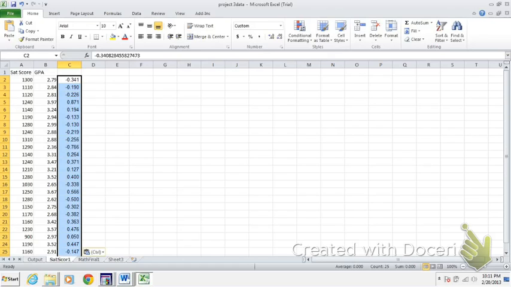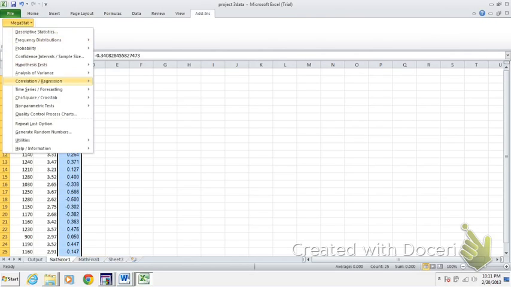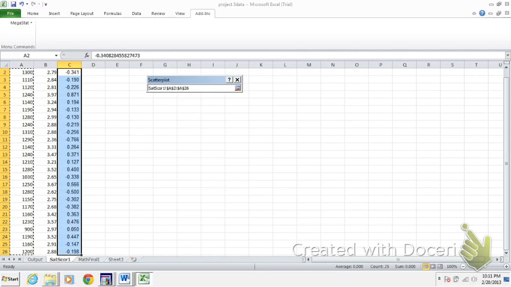Okay, so again, just reminding you that a residual plot is simply just a scatter plot with your X variable and then your residuals on the y-axis. So let's go back into add-ins, Megastat, back down, correlation and regression, over to scatter plot. But now this time, okay, horizontal axis, yes, we've highlighted our X data, which is good.